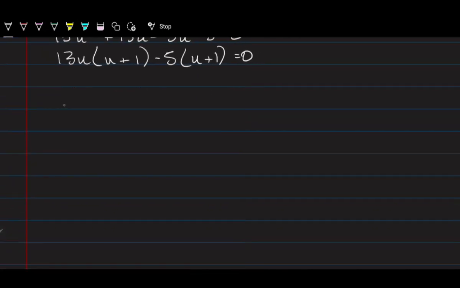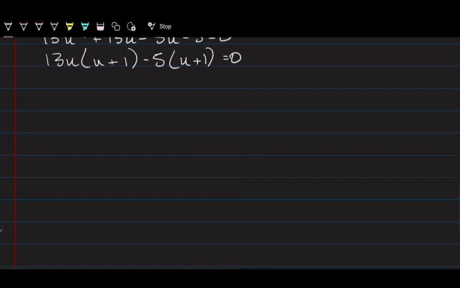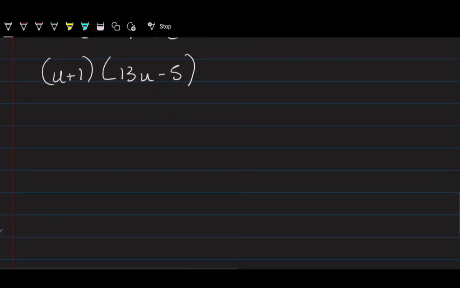So let me write this down clearly. Not x, u plus 1 is one factor, and the other factor is 13u minus 5. Okay. So first, u is equal to negative 1.